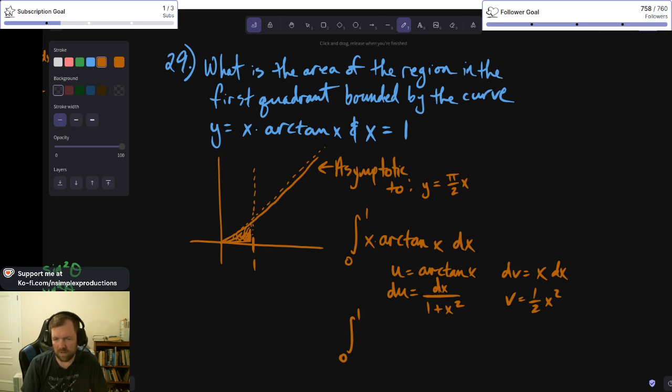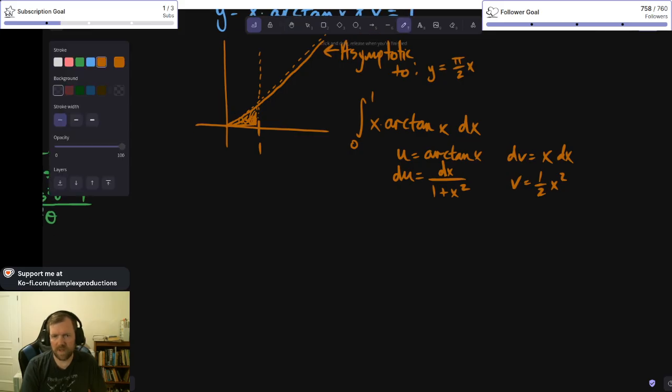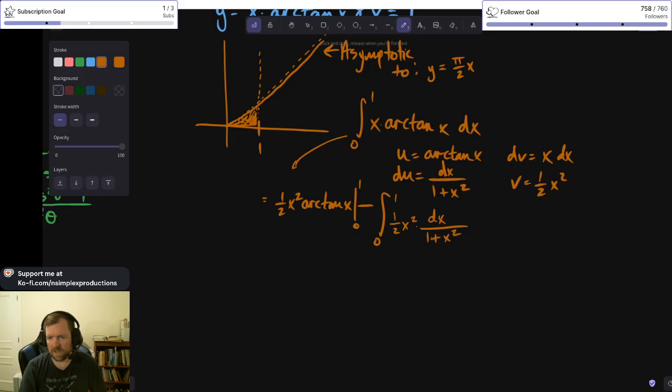If we're doing integration by parts, all right, then this is going to be equal to uv, so 1/2 x squared arctangent of x minus integral, evaluated from 0 to 1, of v du, so 1/2 x squared times dx over 1 plus x squared.